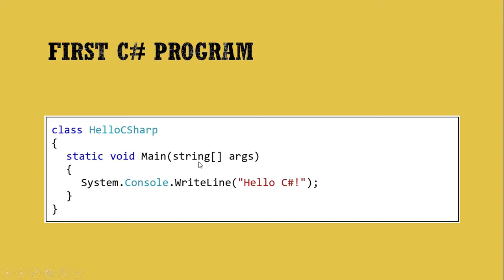So the three basic, very necessary elements of the simplest C# program are: you have to define a class, you have to define a method, and then you need to have a content or body of the main method.